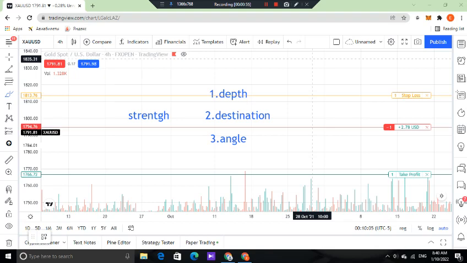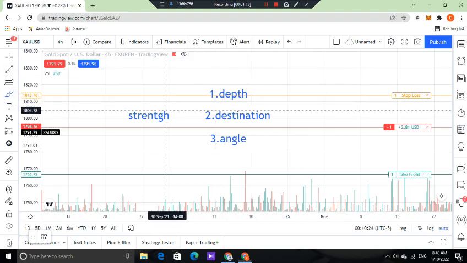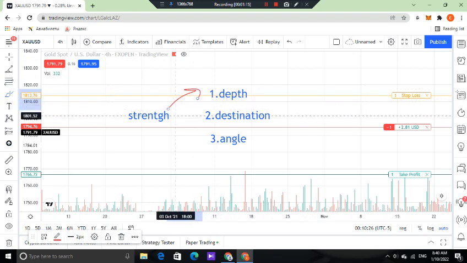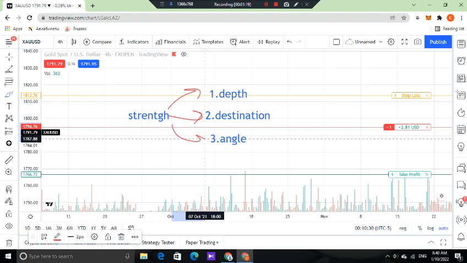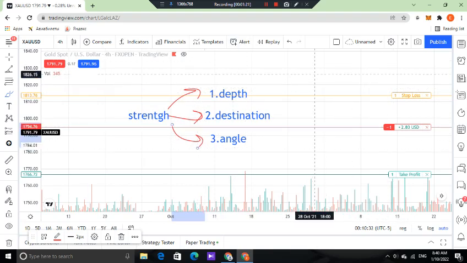And we have three parameters. We have other parameters for sure, but these three parameters are the most important. One of them is depth, another one is destination, and the other one is angle.